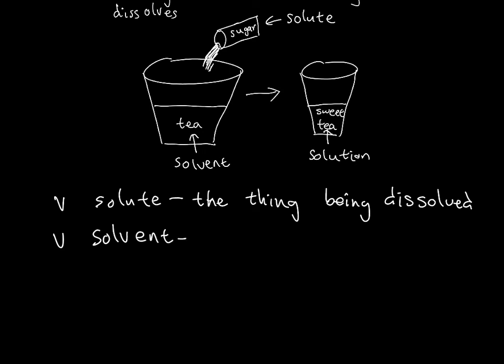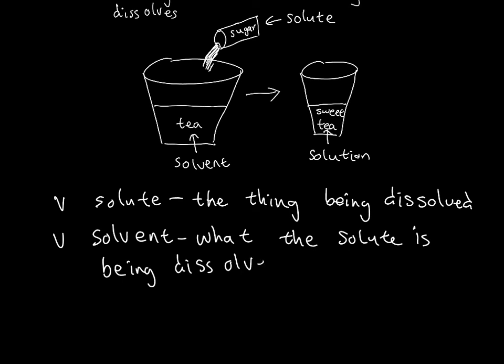It is the tea in this case. So what the solute is being dissolved in. Which is, in this case, the solvent is the tea, and the solute is the sugar.